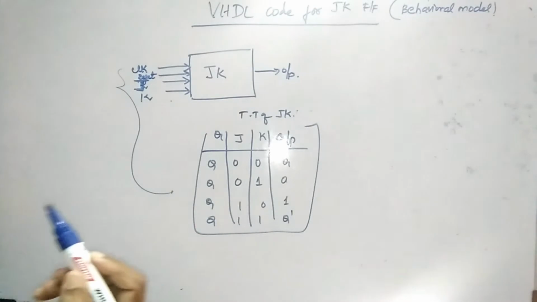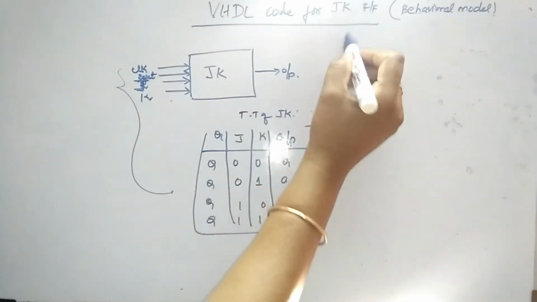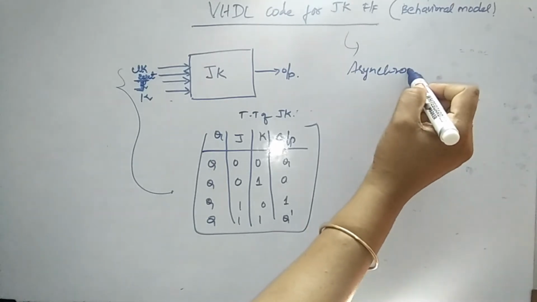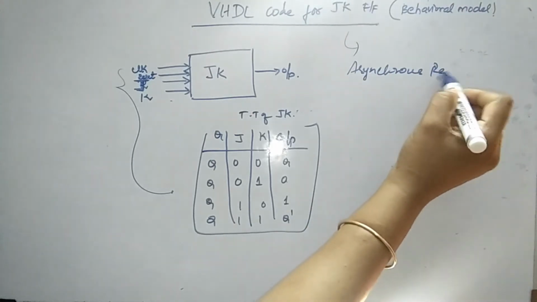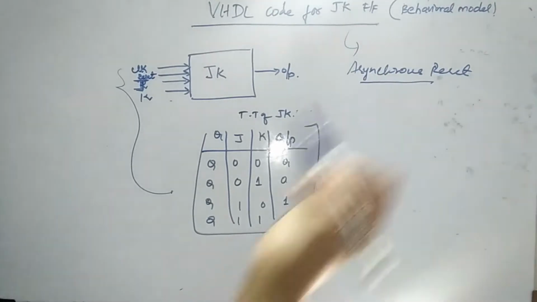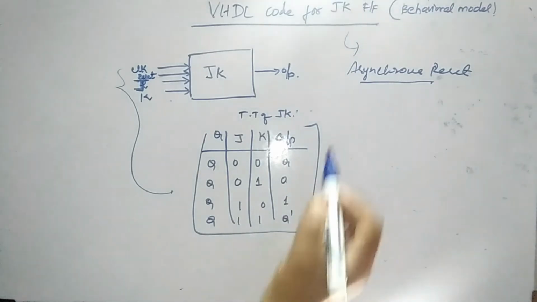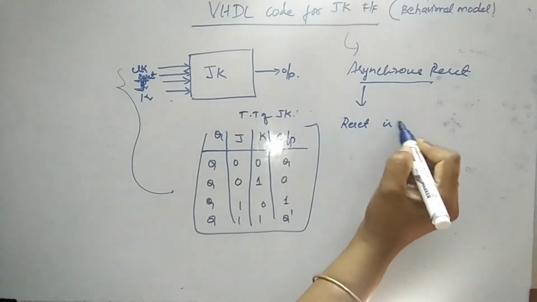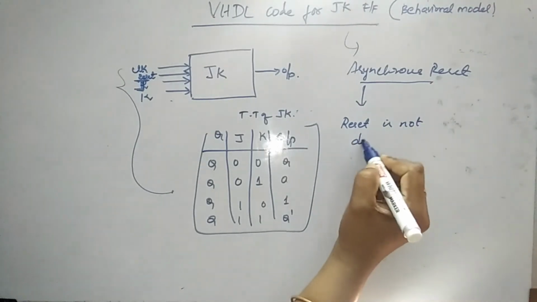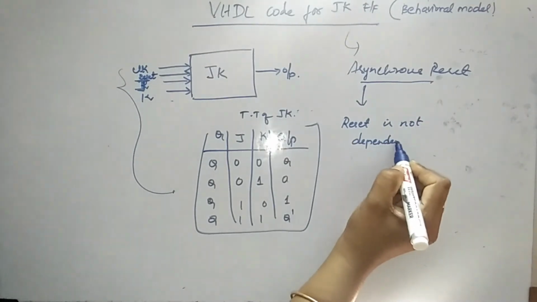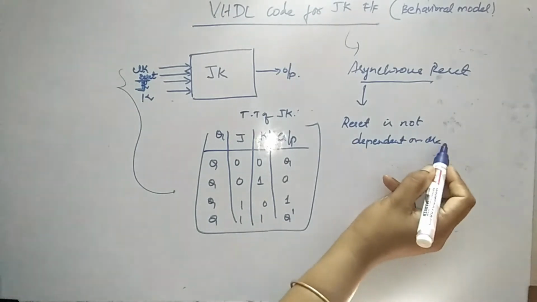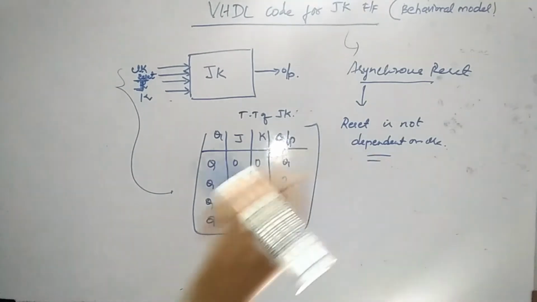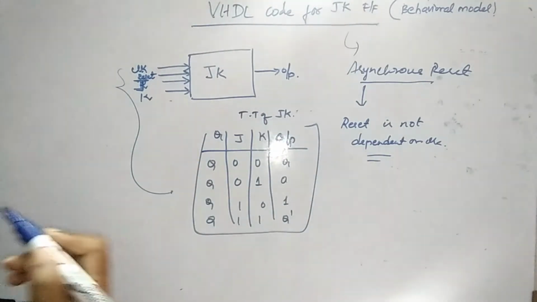Here we'll be writing the code considering the asynchronous reset mode. That means our reset is not dependent on the clock. This is the condition we refer to while writing the code.